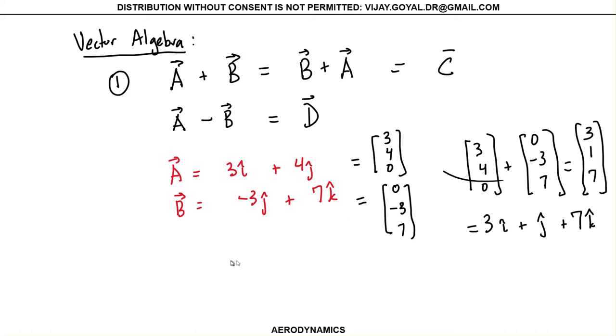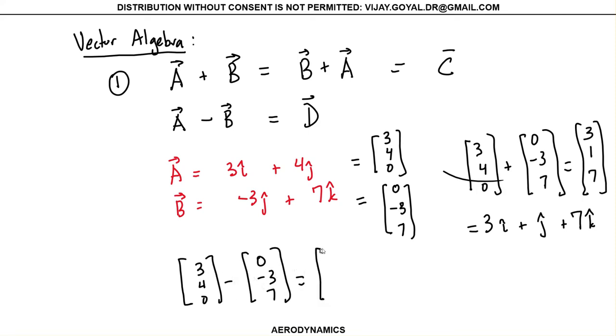If I am subtracting the vectors, then I can simply subtract as follows. Minus 0, minus minus 3, minus 7. And when I have a minus sign, the first term remains the same. Okay, I can change that to plus, but then each one of the components becomes negative. So I multiply them by minus 1.